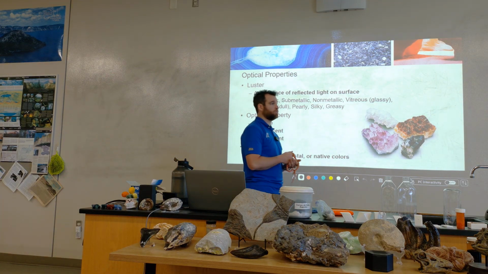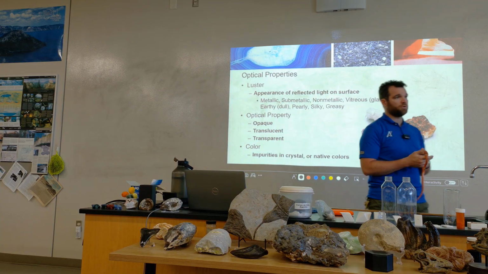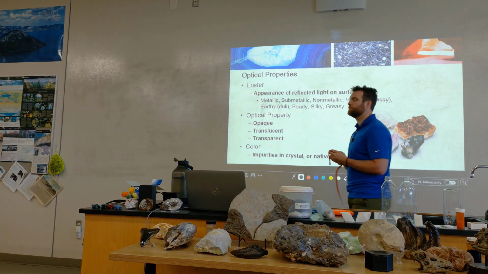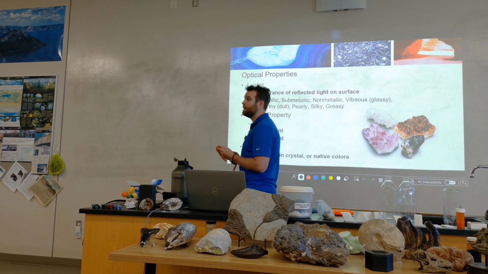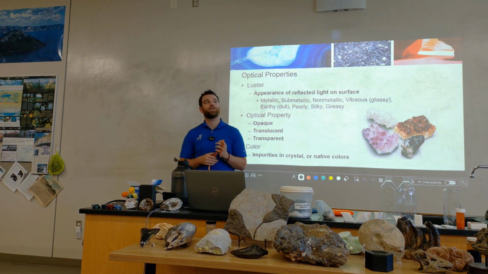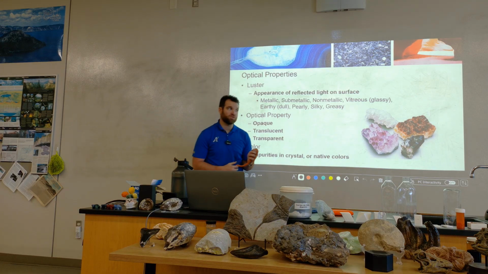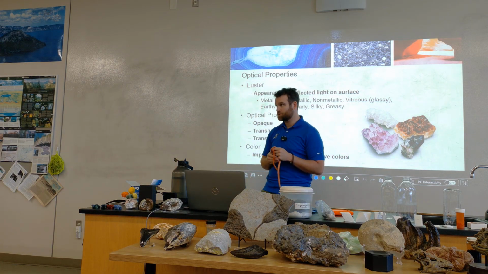Or I can have two minerals that are wildly different from each other but share the same color. So if you look at a mineral and your instant judgment is, well, it's this color, so it must be this thing, you're already doing the lab wrong. Don't just make a snap assumption, assuming you know what it is based on a few observations. You need to make all the observations. And if you make all the observations, you will find the right answer.